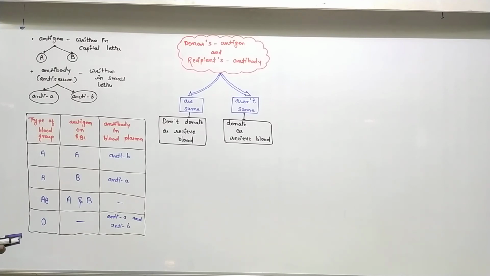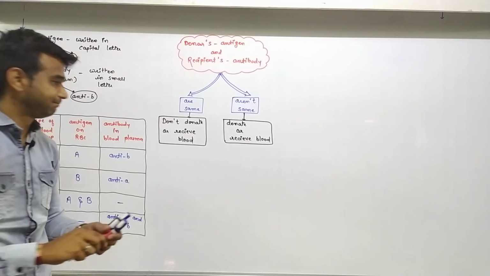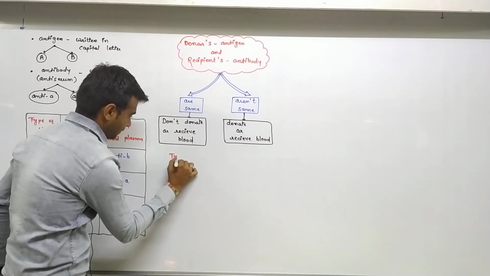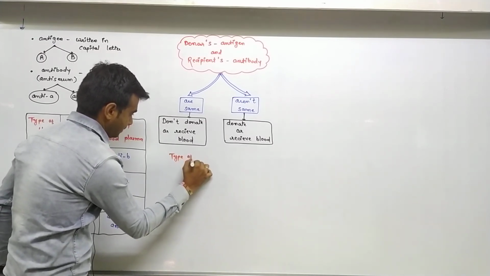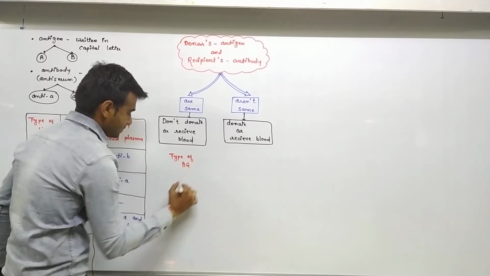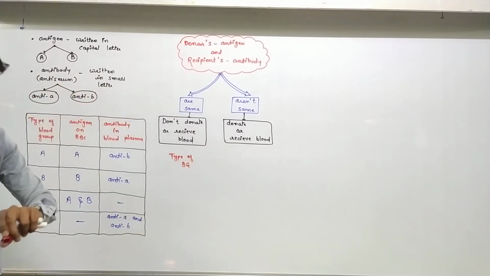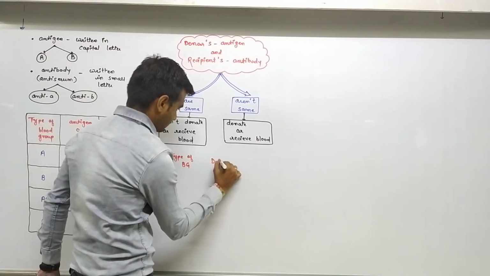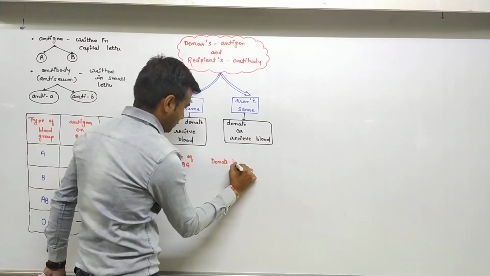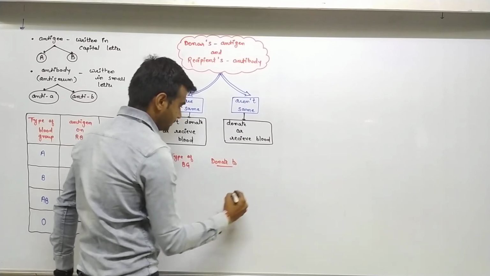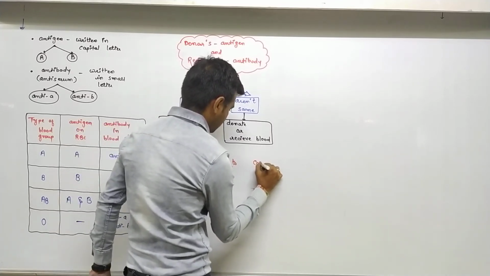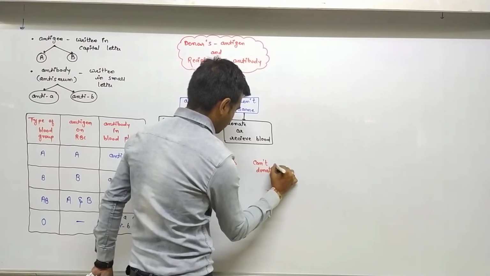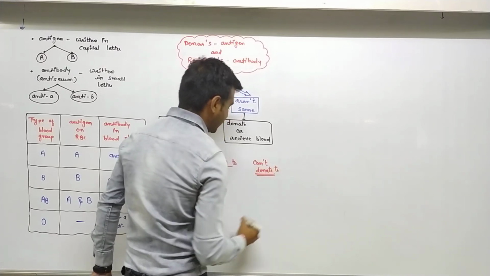So now again I have to form one table. Type of blood group. Donate to. And receive from.